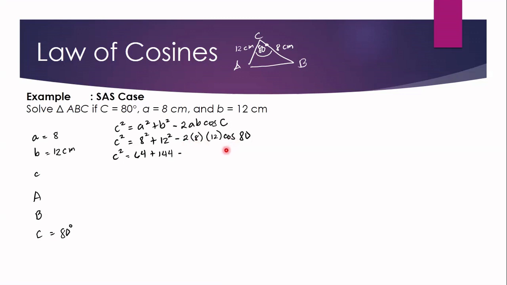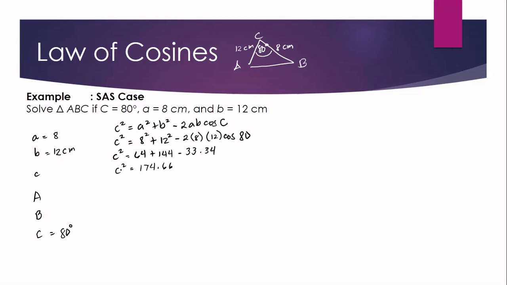What will happen here? When we press it on the calculator, the value will become 33.34. Then simplify again: 64 plus 144 minus 33.34, the answer is 174.66.